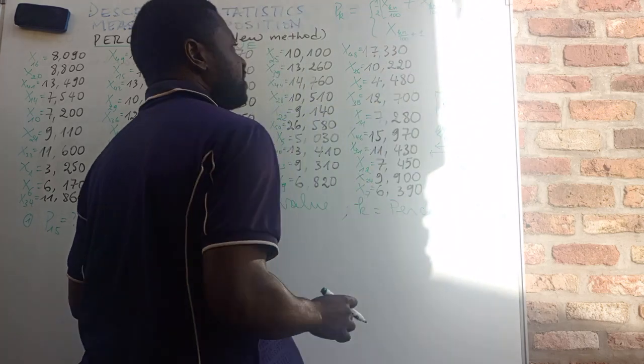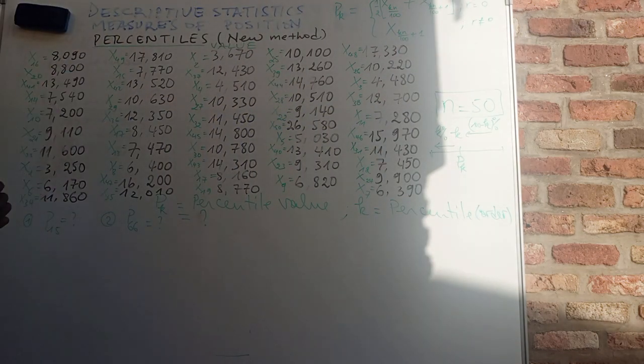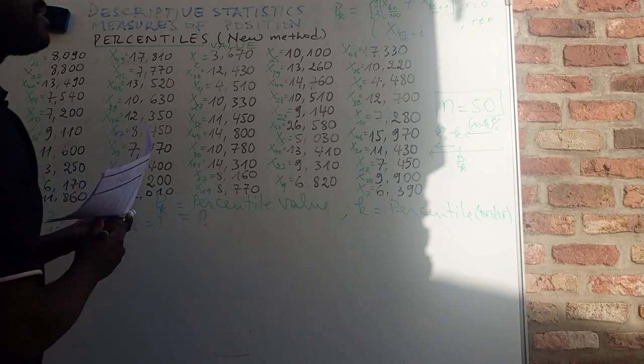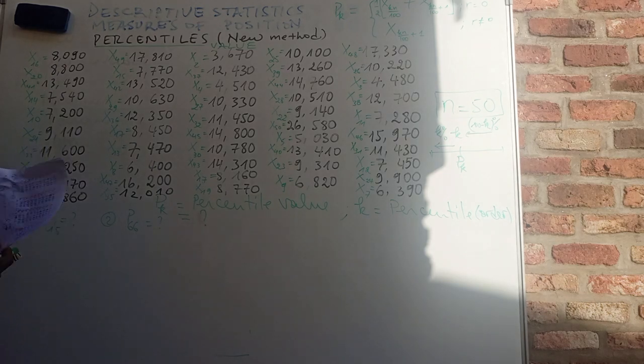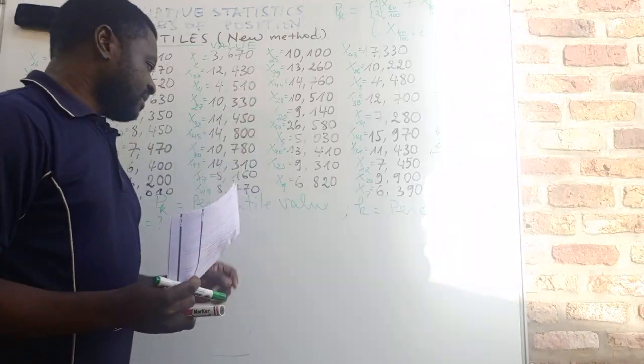So it will be this element in the list. That is our new method for calculating these percentile values.